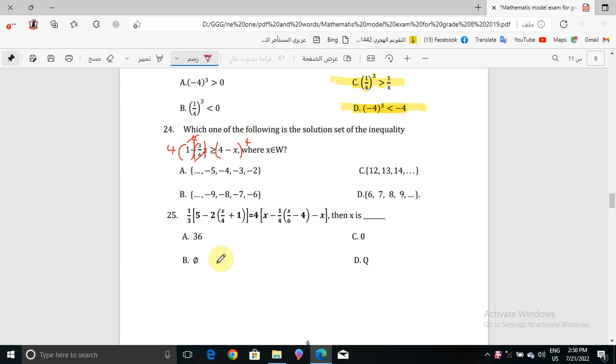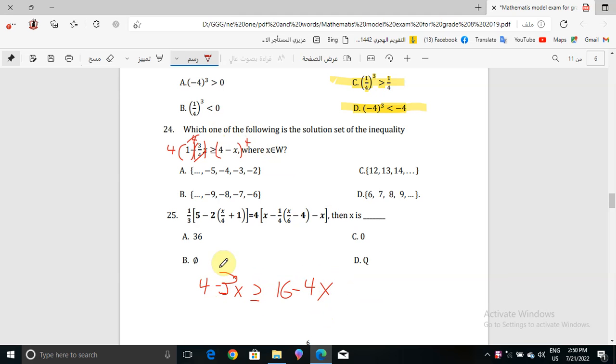So what we will do here, it will be 4 minus 3x greater than or equal to 16 minus 4x. Why did I make 16 minus 4x? Because 4 times 4 is equal to 16, and 4 times x will be 4x. Okay, now 4 minus 3x is greater than or equal to 16 minus 4x.